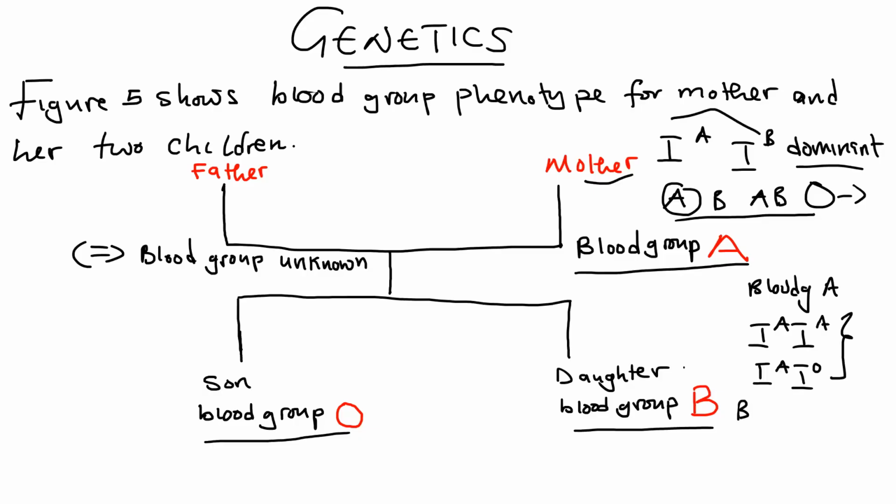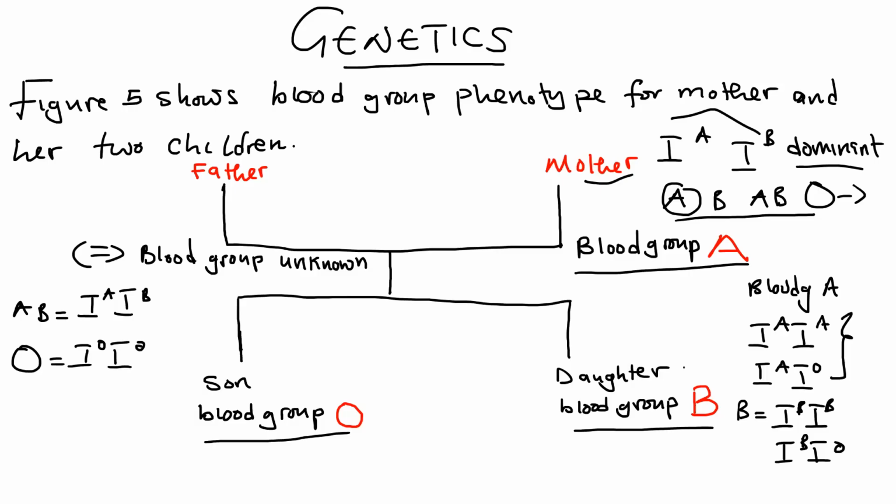Then for blood group B, the possible genotypes are BB and BO. Then for blood group AB, the genotype is AB, because A and B are both dominant, so here they are fully expressed. Then for blood group O, the genotype is just OO, as you know it is recessive.